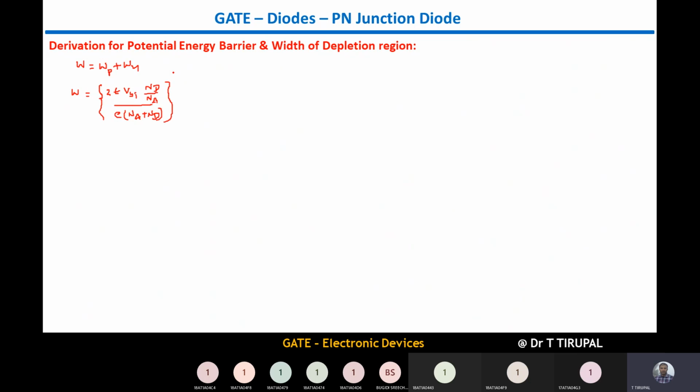Square root means I am writing it as whole power 1 by 2, plus 2 epsilon VBI, what is WN? 2 epsilon VBI into NA divided by ND, whole divided by E into NA plus ND, whole power 1 by 2.